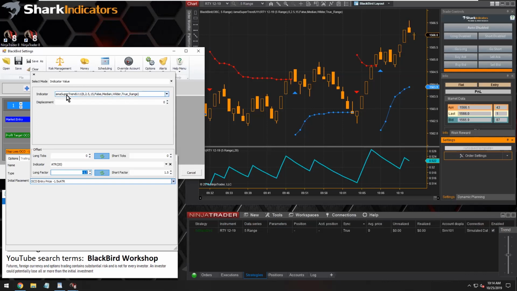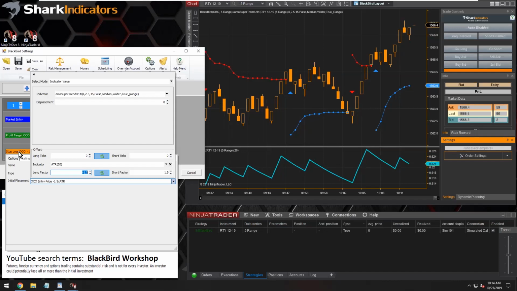In that situation, we could then use the super trend down here in the offset section. That is how we can get the profit target to be an exact ratio, and the profit target will constantly adjust its offset distance based on the stop loss's offset distance. There we go.